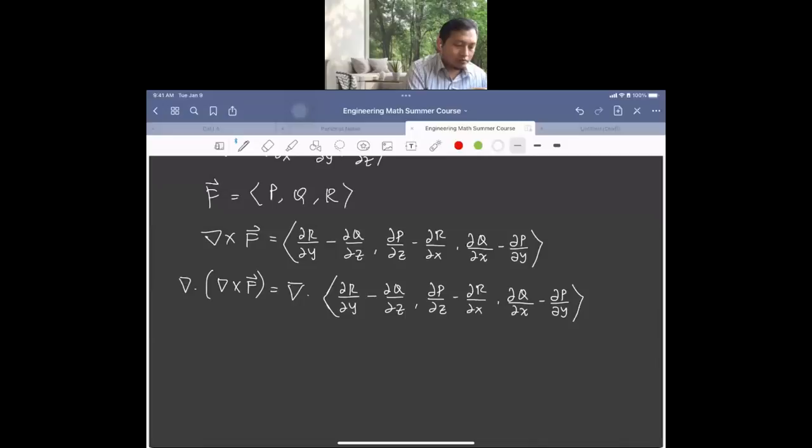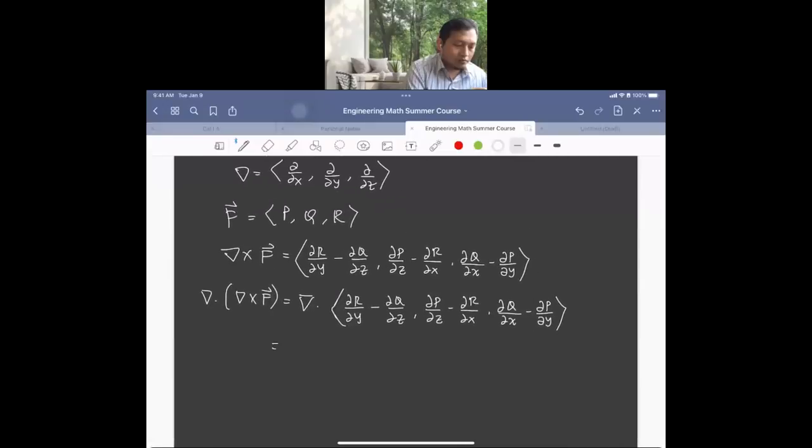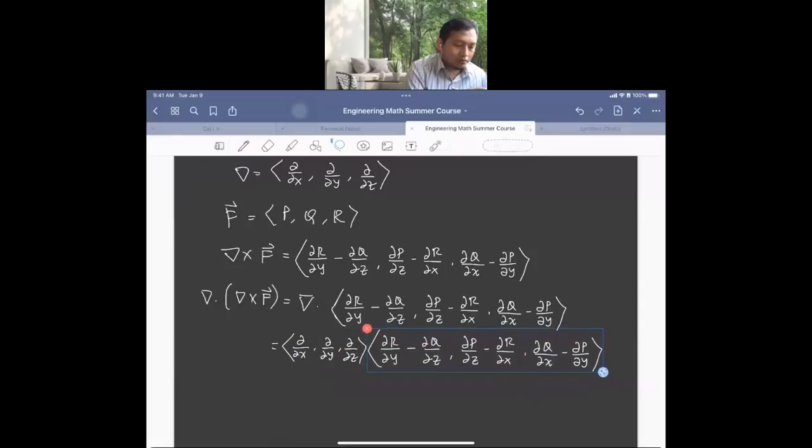Now what will happen if we dot these two vectors? We will have a scalar. Let me write dou x, dou y, and dou z, and then we dot with this.